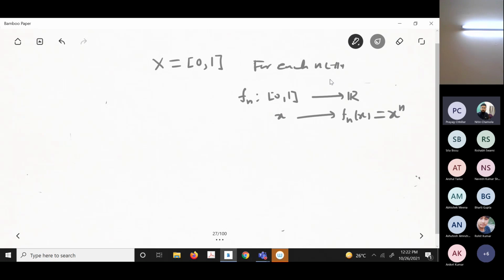That means if you pick n and keep it fixed, then this is x to the power n. Obviously, each of them is a continuous function. Now look, pointwise, what is happening? If I take f(x) equal to 0, look here, this x is strictly less than 1.